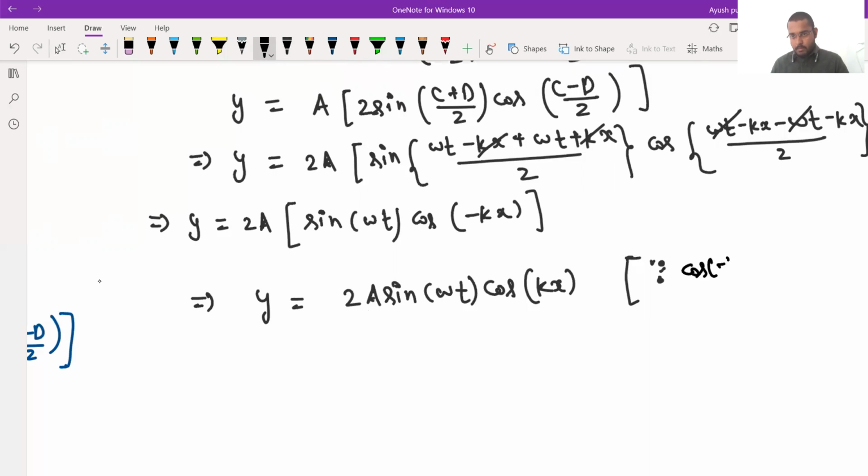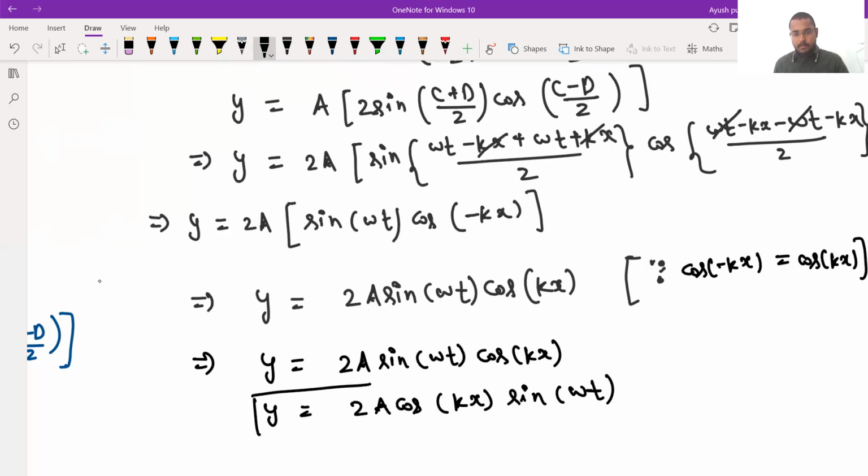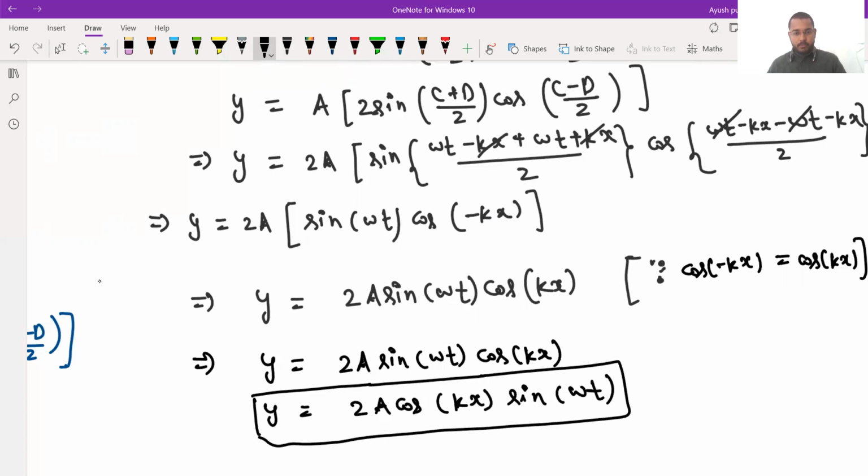So now we have found 2a sin ωt cos kx, or we can write it as 2a cos kx sin ωt. This is the equation of the standing wave. Now let's move to the original slide.